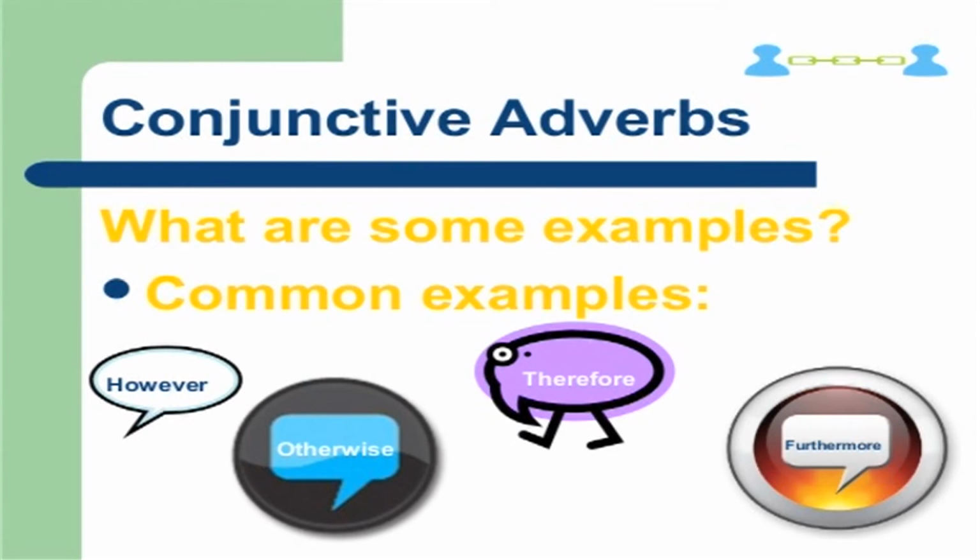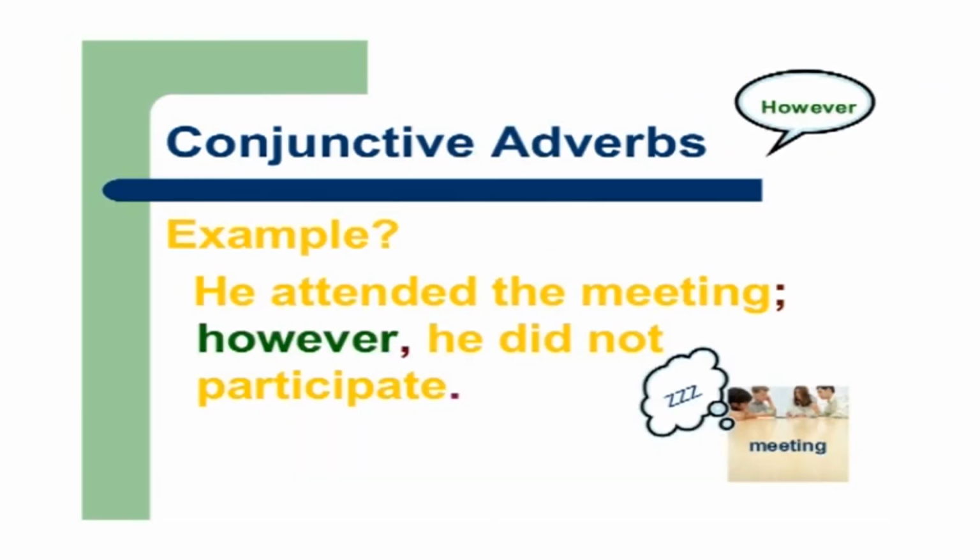Take a look at the example. Here the subjects are in yellow, verbs are in green, and the coordinators and the commas that precede them are in red. This is the simple syntax of compound sentences.